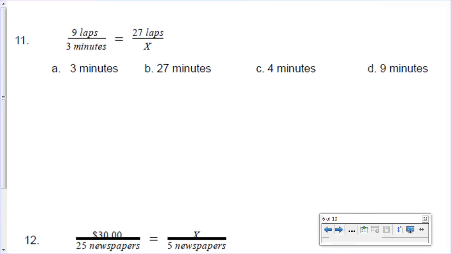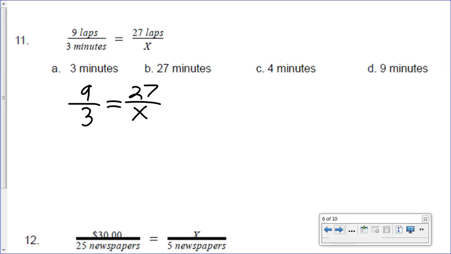All right, so here we just have something straightforward. This is laps over minutes. So we can do 9 laps in 3 minutes. What we're missing is the number of minutes. What about 27 laps? How many minutes is that going to take us?